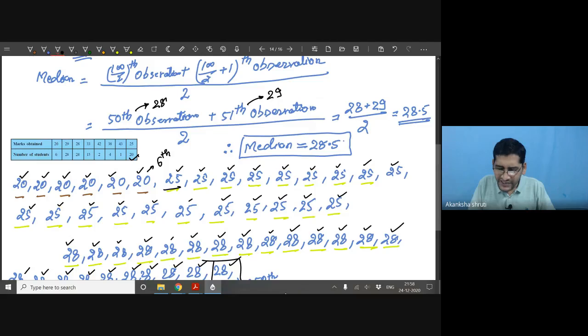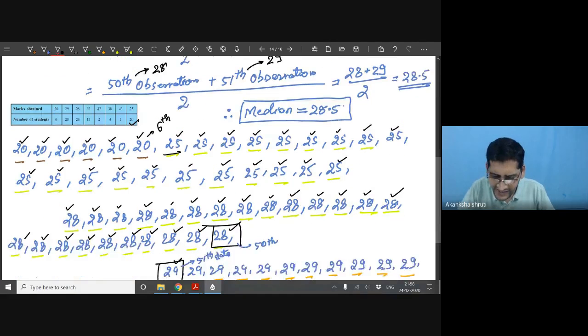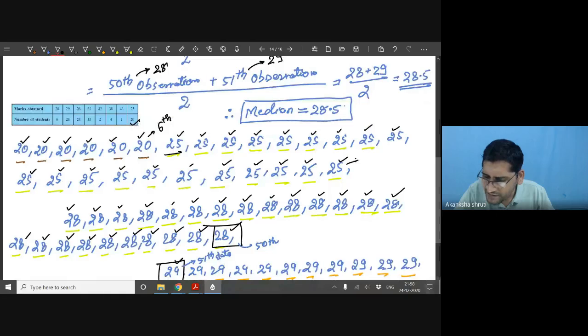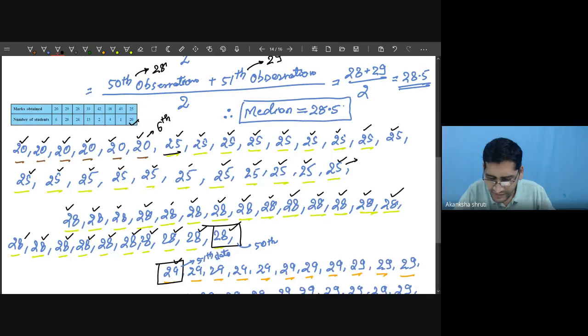So after this 6, 20 of the 25 are added. So this position will be 20 plus 6, it will be at the 26th position. So this 25 is at the 26th position.